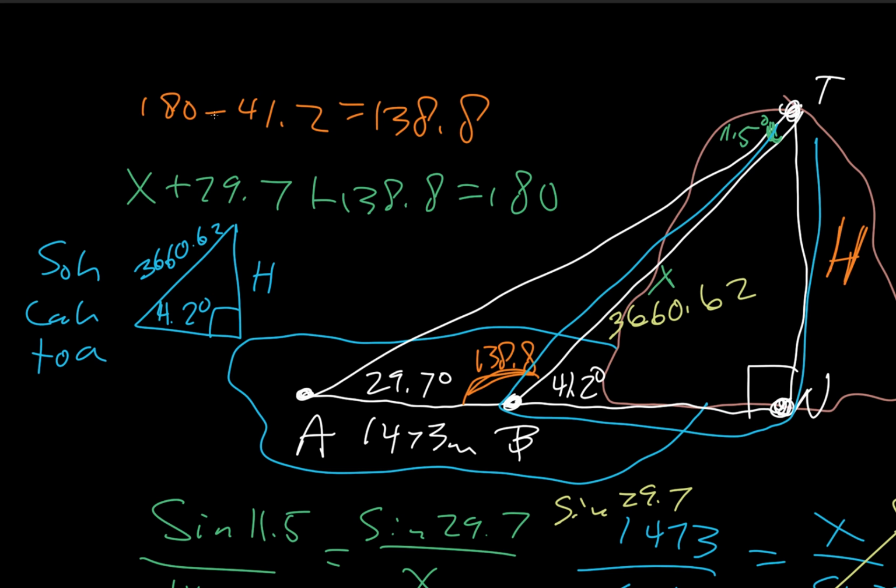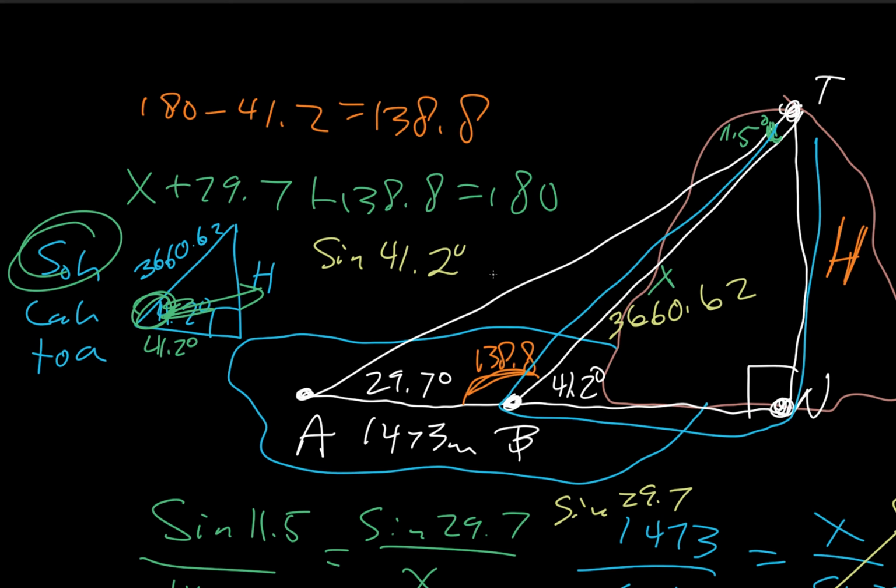So 41.2 degrees. From this theta, this would be the opposite and the hypotenuse. Opposite over hypotenuse is sine. And so I'm going to say sine of the angle, 41.2, equals the opposite, which is h, over the hypotenuse, which is 3660.62.